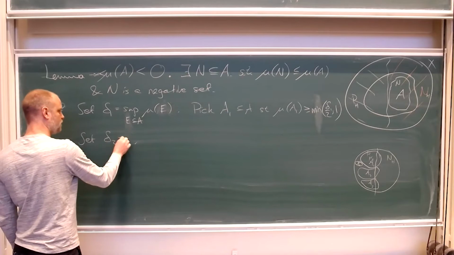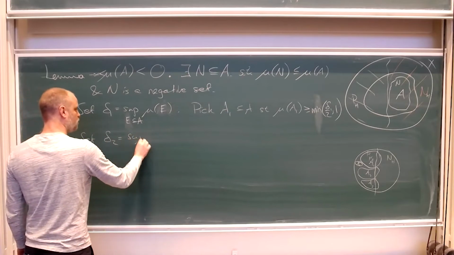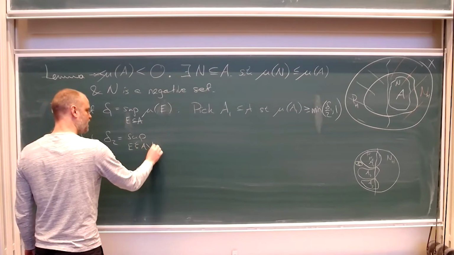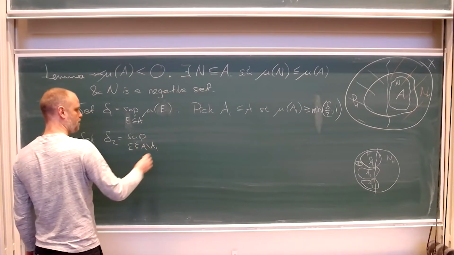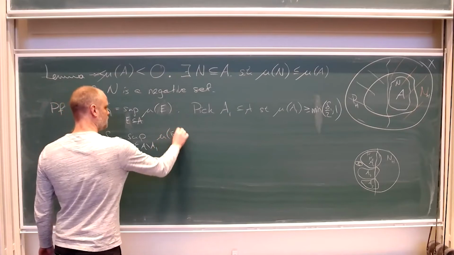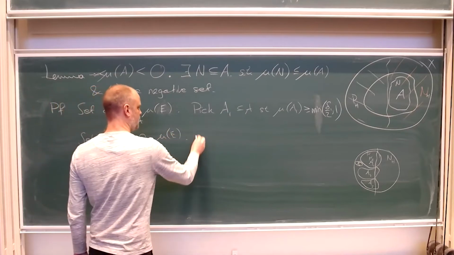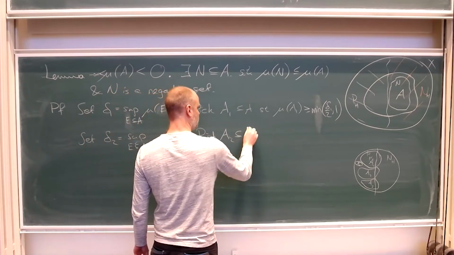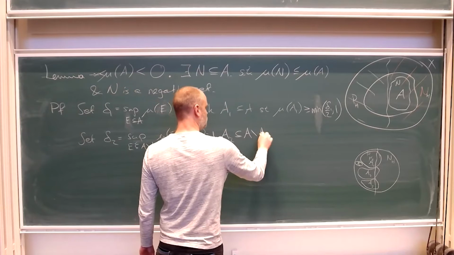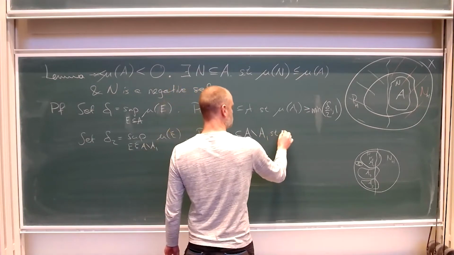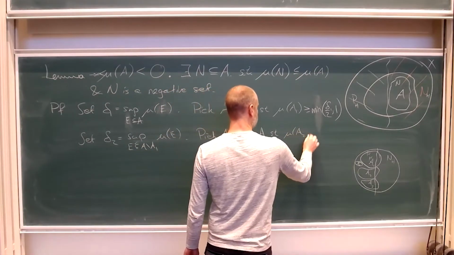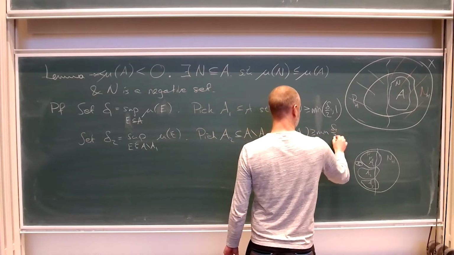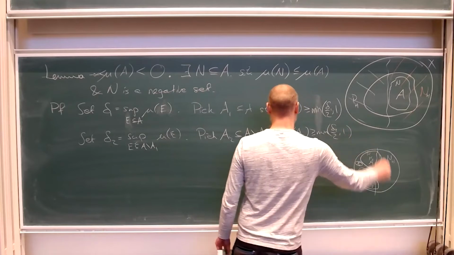So we set delta 2 to be equal to the supremum of mu of E, E subset of A set minus A1. And then we pick A2, a subset of A set minus A1, such that again mu of A2 is bigger than or equal to minimum of delta 2 divided by 2, comma 1.